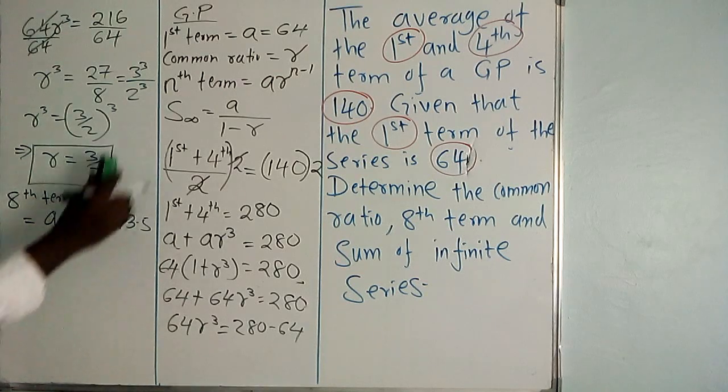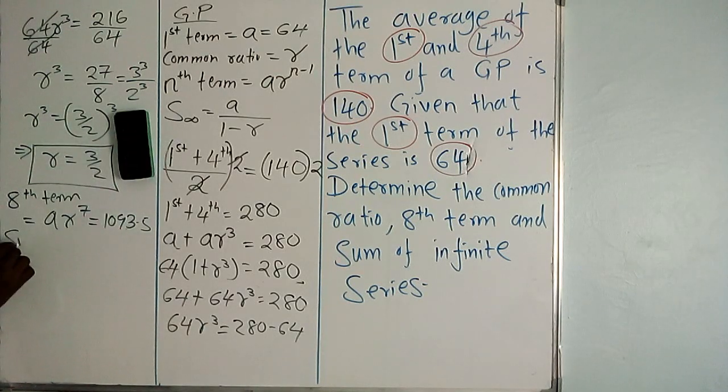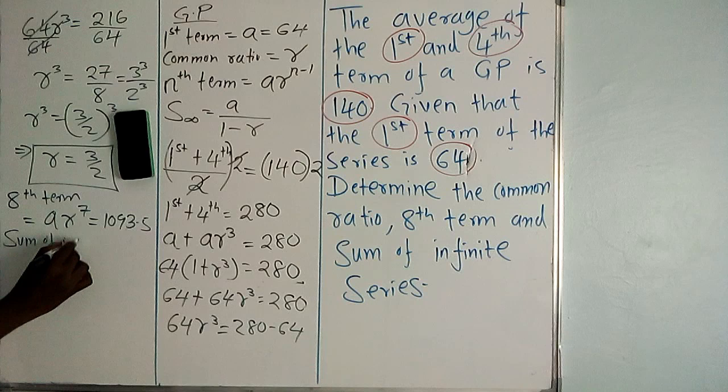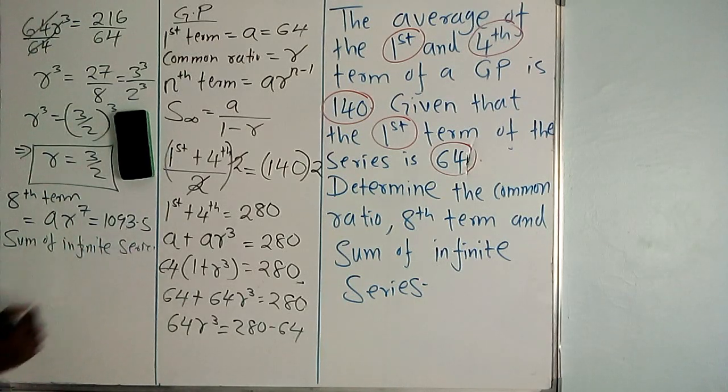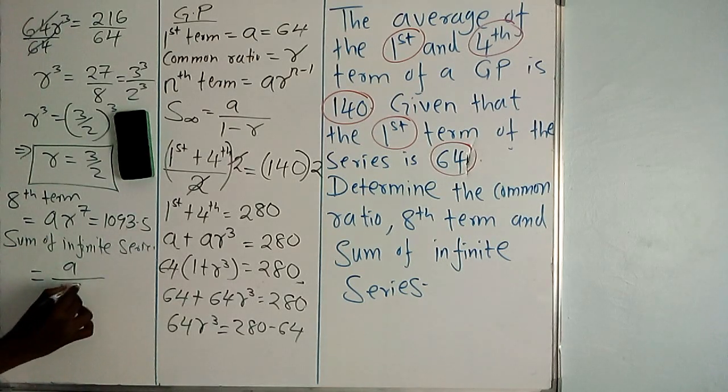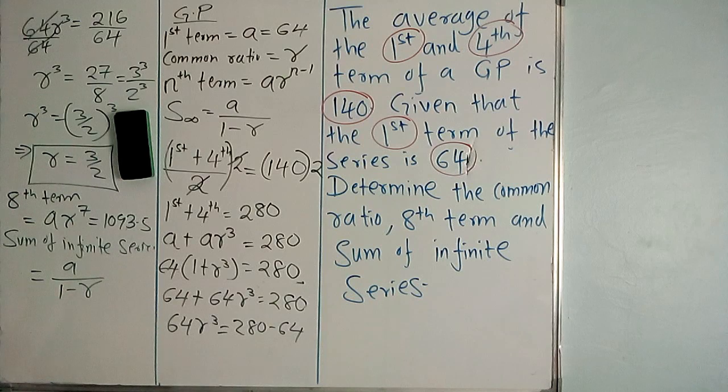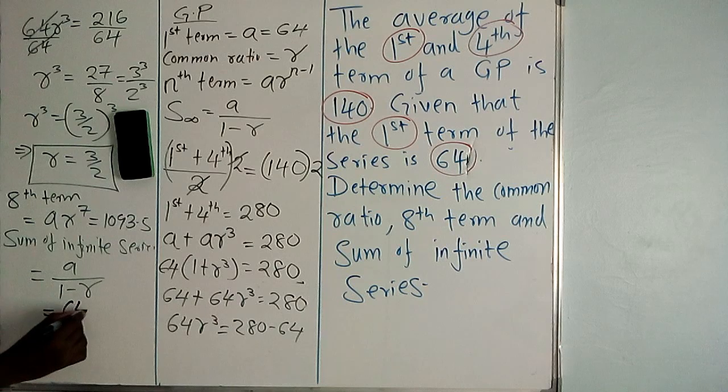Then the last thing you've been requested to find is the sum of the infinite series. The sum of the infinite series is simply given by A over 1 minus R. Are we together there? So where there is A, put the value of A, 64, over 1 minus 3 over 2.